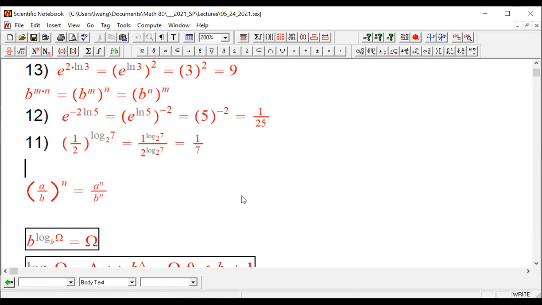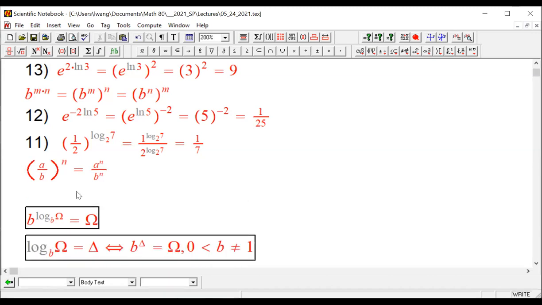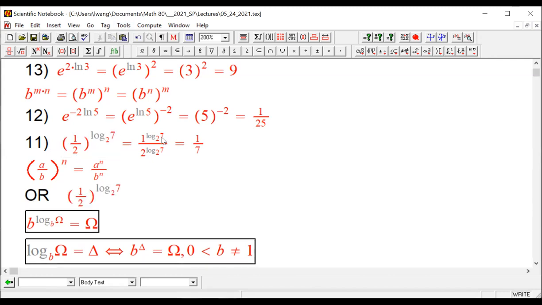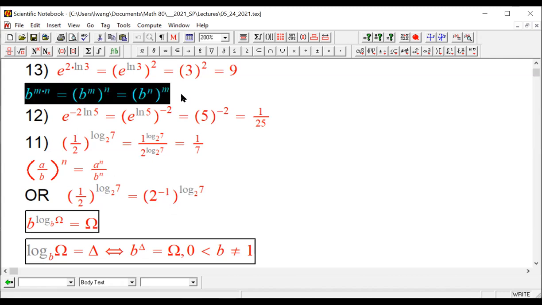Another way to do that would be this. We know that 1/2 is 2 raised to the power of -1. Right? So we have that situation here.